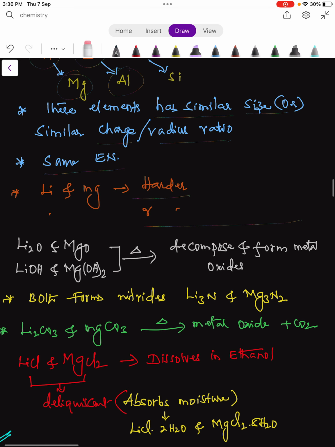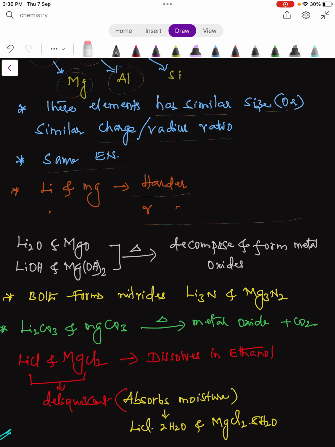Next, lithium oxide, magnesium oxide, lithium hydroxide, magnesium hydroxide, when they are heated, decompose and form metal oxides, right? So lithium and magnesium both form nitrides, like lithium nitride, that is Li3N, and Mg3N2. Lithium carbonate and magnesium carbonate both undergo decomposition on heating, forming metal oxide and carbon dioxide.